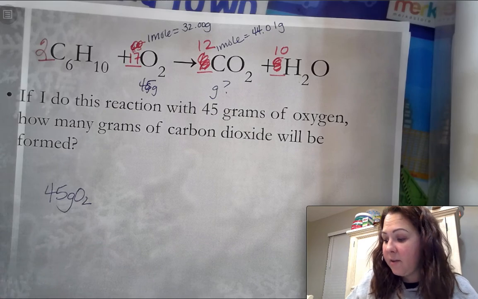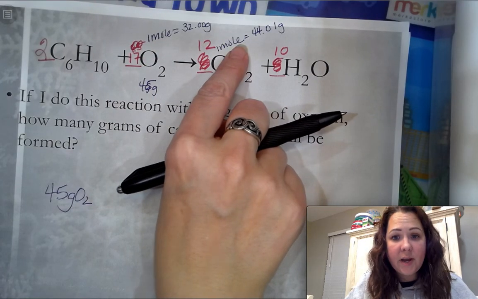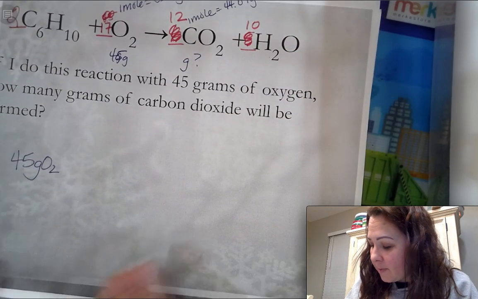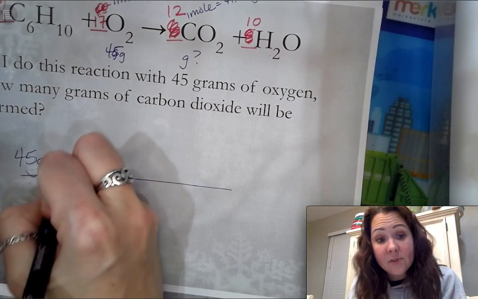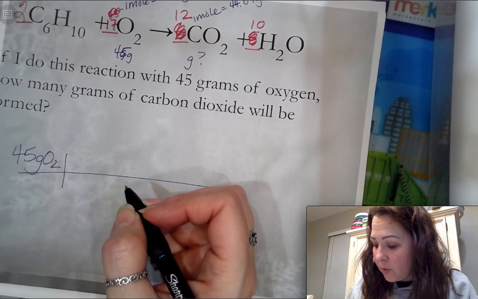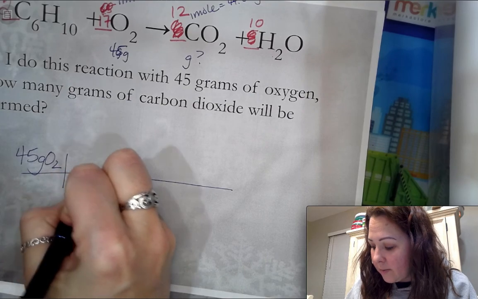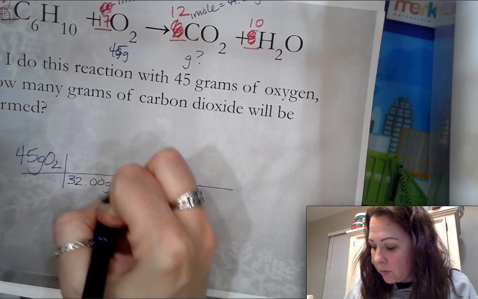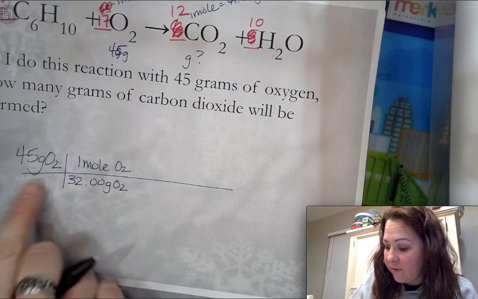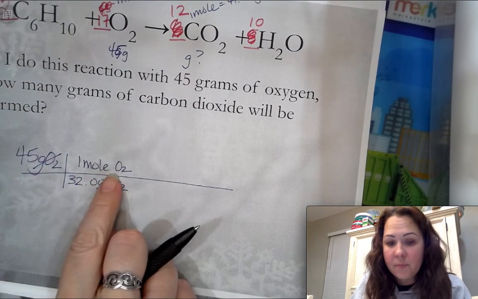Since I have my conversion factors and I have my balanced reaction, I can actually do the math now. So I have 45 grams of oxygen. To get rid of grams, grams of oxygen has to go in the bottom. We said our molar mass is 32 grams for the mass of 1 mole. What that did for me is it got rid of grams and turned it into moles.